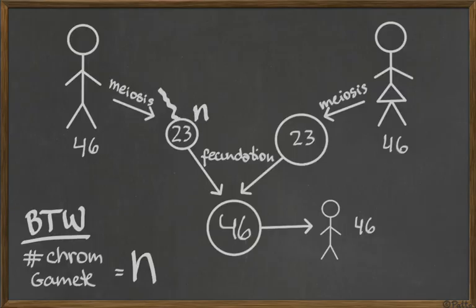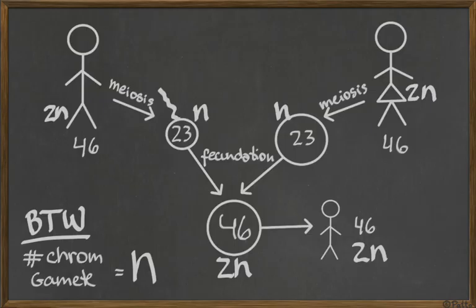So in the sperm cell, we say that they have N chromosomes in humans. In the egg cell, they have N chromosomes in humans. So the adult humans, the father and the mother, are going to have 2N chromosomes in their cells. The zygote over there, after they have been put together, also has 2N chromosomes, and the new person that's been formed here will also have 2N chromosomes.